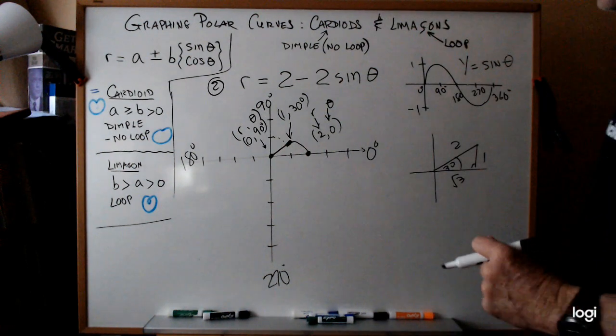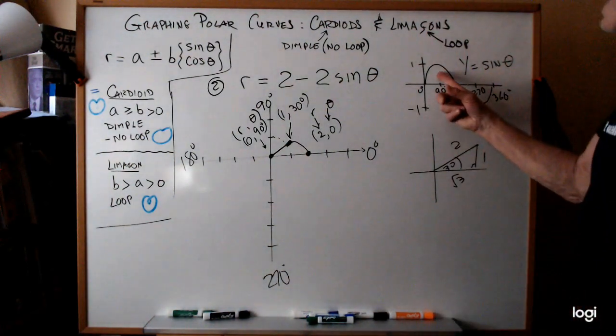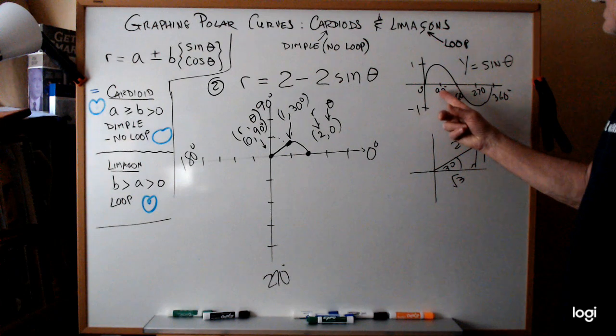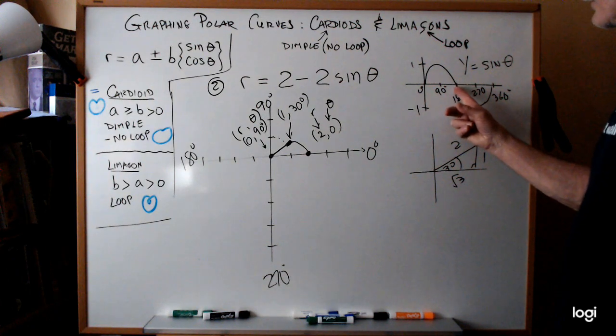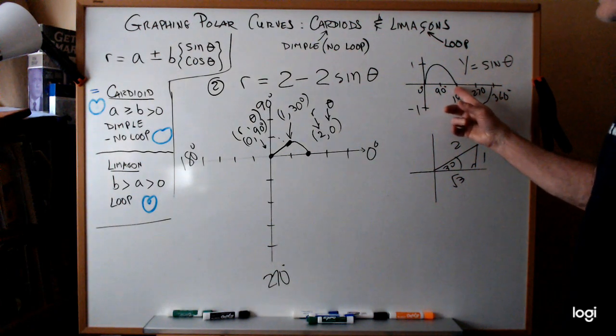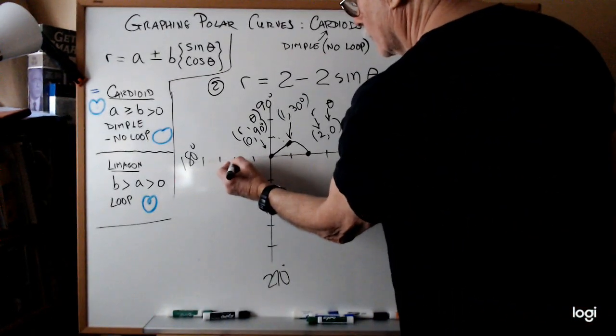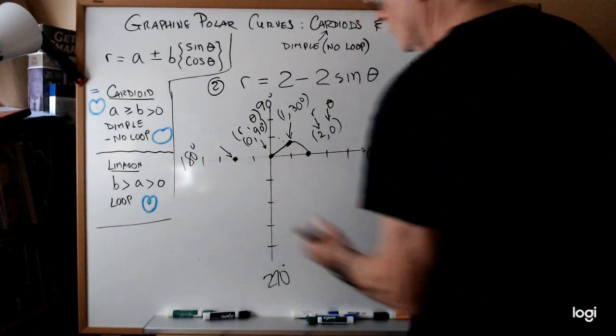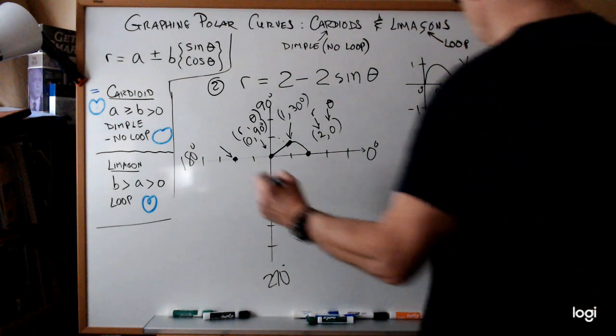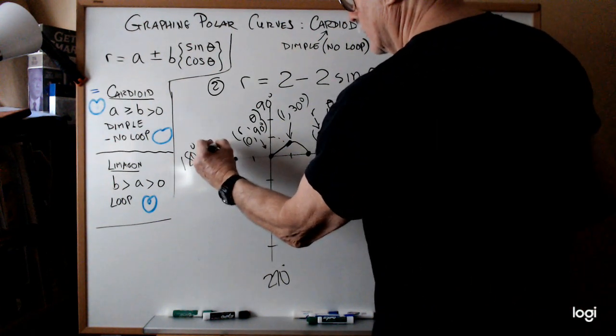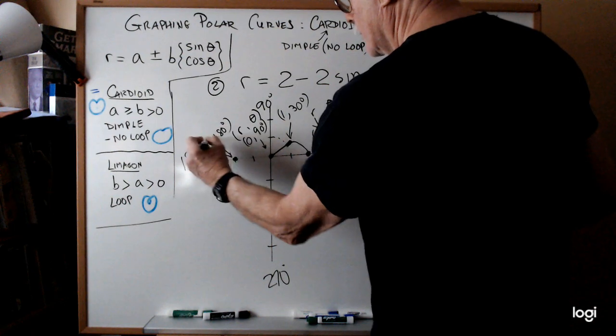Now the same thing happens here. At 180 degrees, sine 180 is 0. So at 180 degrees, we're at a 2. So this would be 2, comma 180.